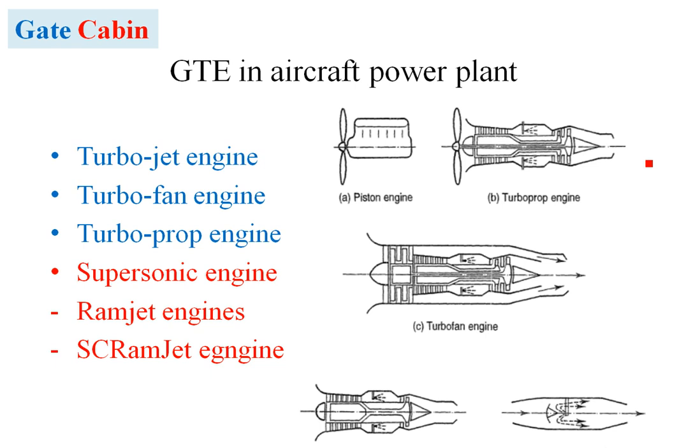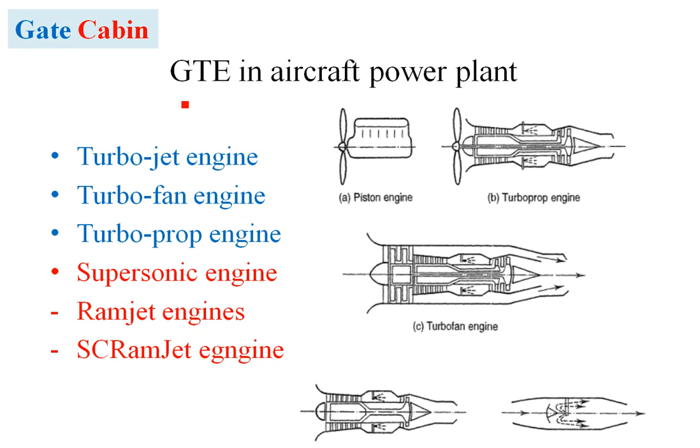Then coming to the growth of the aircraft power plant, over the years the aircraft has improved a lot. Nowadays we are facing the challenge of speed. People are trying to get faster and faster. Countries are trying to develop faster airplanes, faster missiles, faster rockets.